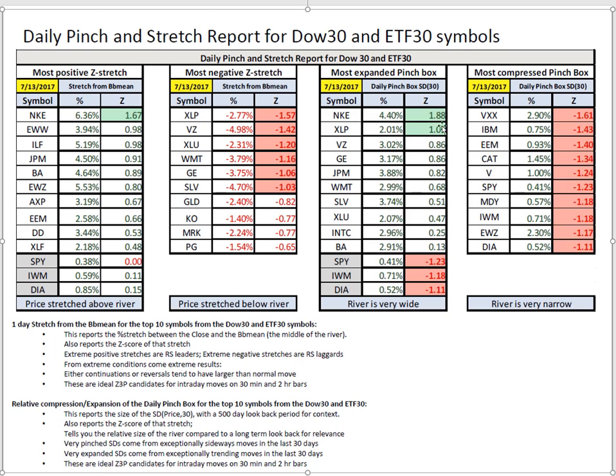Not that many of them bigger than 1.0 on that particular day, as we've said, because the market itself was narrow. And then the most negative Z stretch, these are the ones that are the 1 day breakdown as far away from today's Bollinger Band mean, or the middle of the river, expressed in terms of Z. And then the most positive Z stretch, these are the ones that are the biggest moves away from the river.